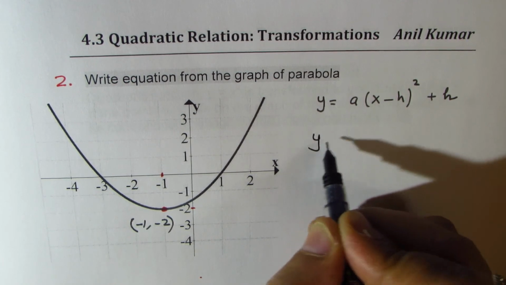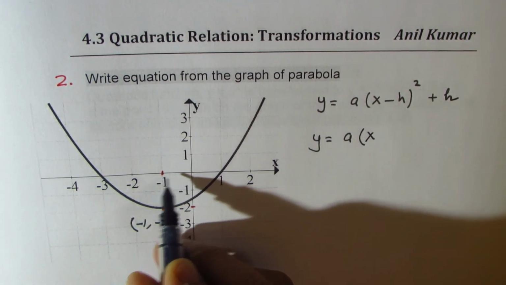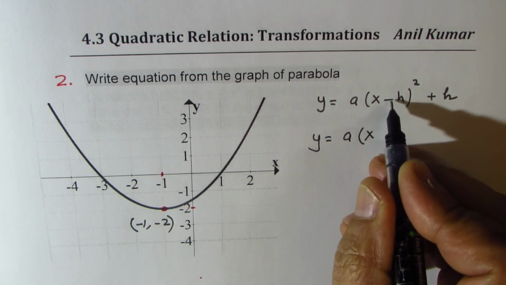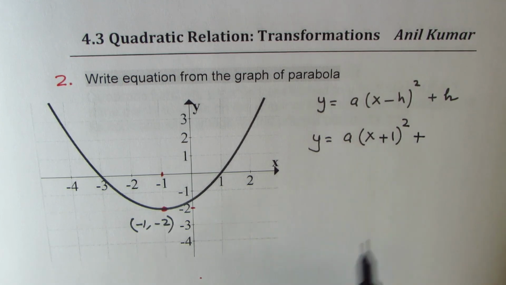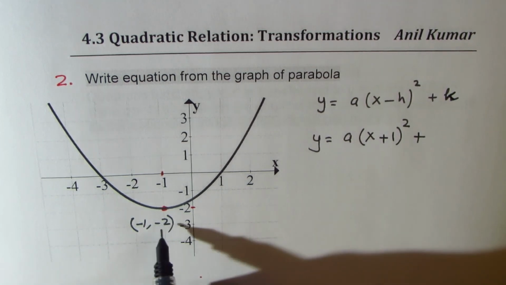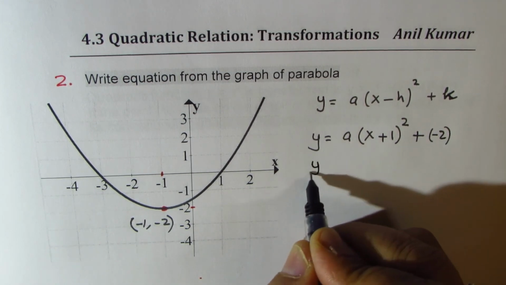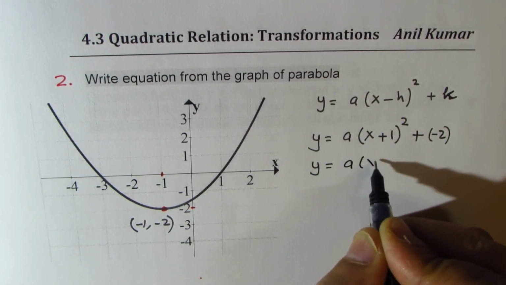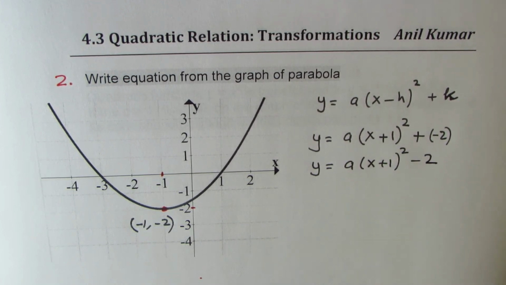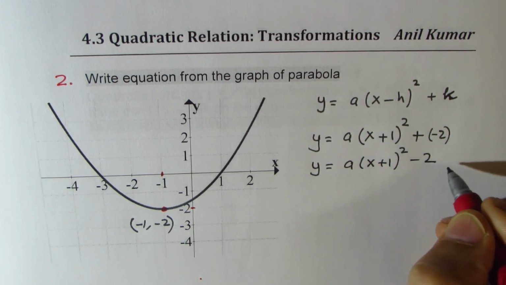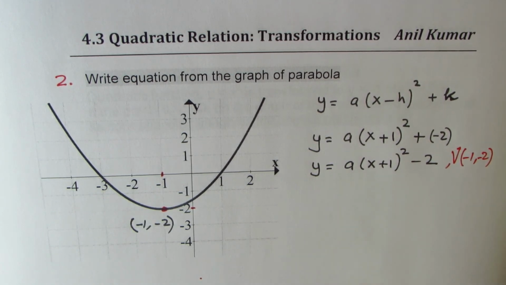So what you get here is y equals a times (x, 1 unit left means -1, minus minus makes it positive, plus, this is k, -2. So that will be minus, right? So let me rewrite this as a times (x plus 1) whole square minus 2. This is because of the vertex, which is at -1, -2.